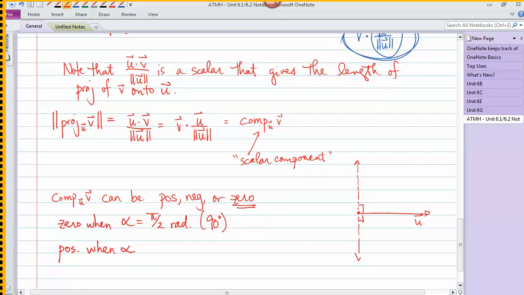Okay, so it's positive when alpha is acute, which actually means that the scalar component of V, or the projection vector, and U are pointing the same direction. So I'll write this. U and the projection onto U of V point in the same direction.